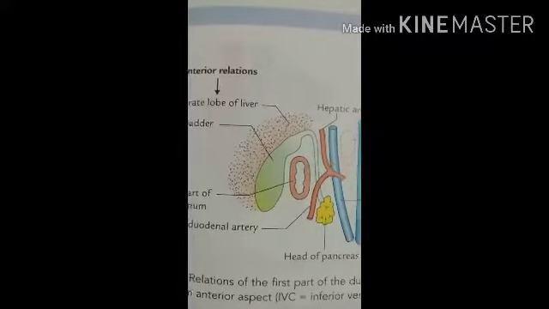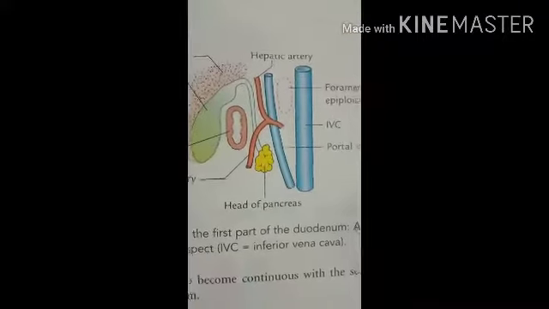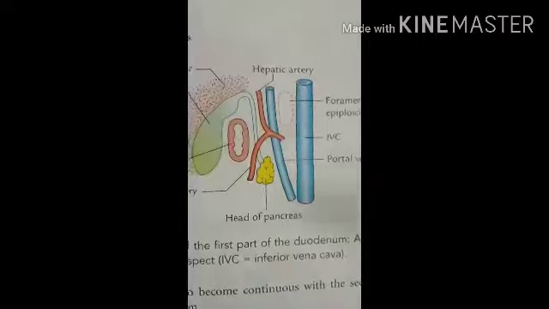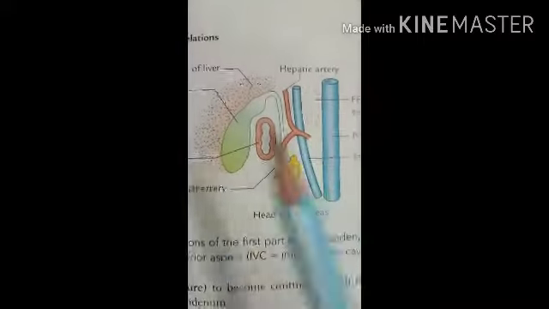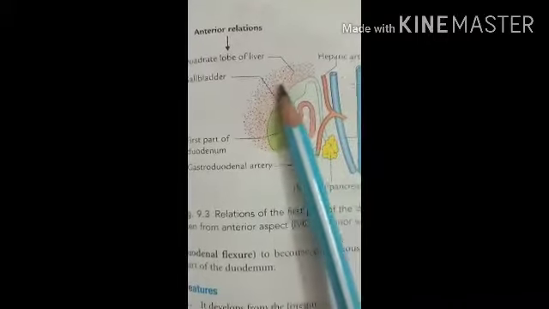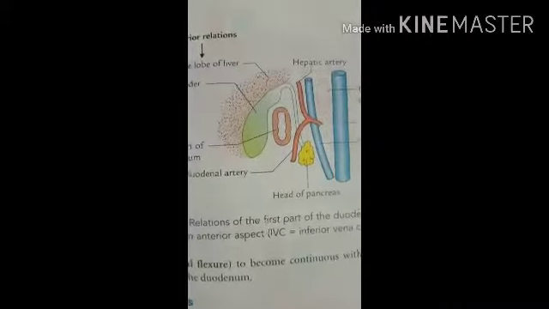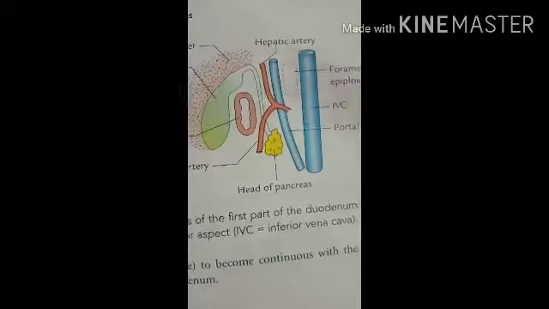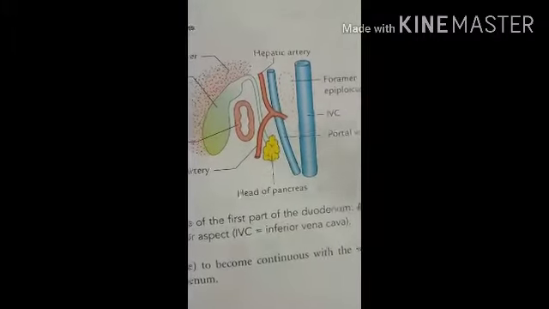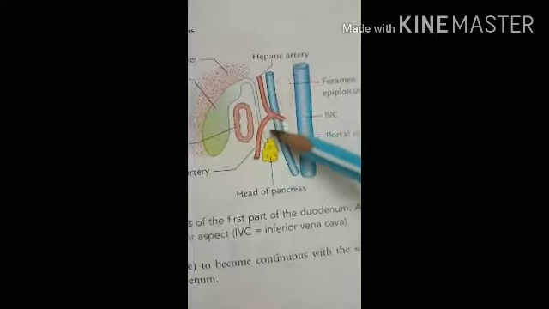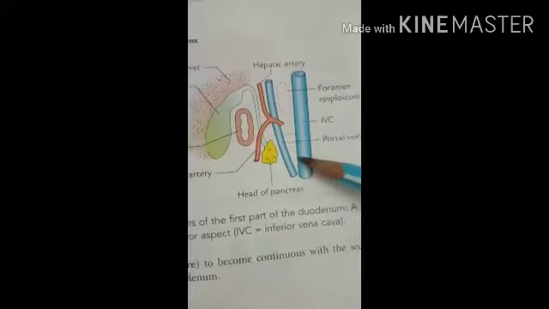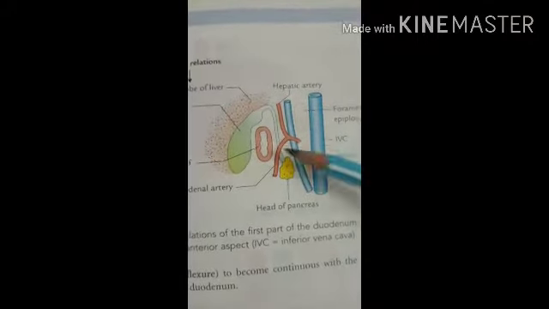Then the visceral relations. Anteriorly it is the quadrate lobe of the liver. Here you can see the gallbladder, and here the quadrate lobe of the liver is present. Posteriorly there are the gastroduodenal artery, the bile duct, and the portal vein.